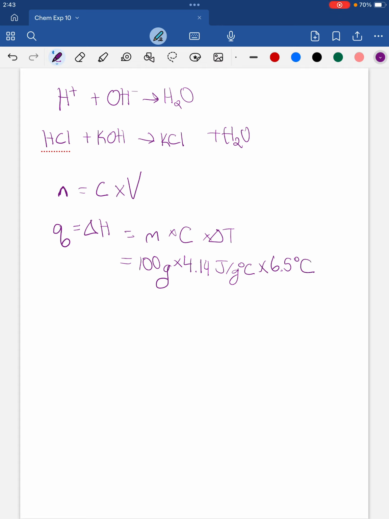You plug in your number there, and in this case, if we put 6.5 degrees Celsius, we get our Q of about 2,717 joules. Convert it to kilojoules, you just move the decimal 3 places to the left, so 2.7 kilojoules. Don't forget to convert. So this is the amount of heat released by the reaction, okay?